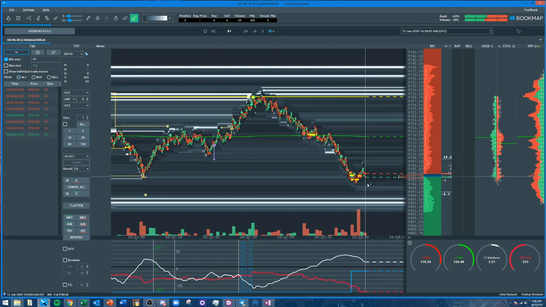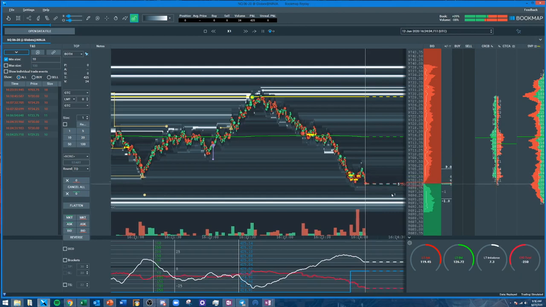Either that, or, I mean, this is pretty high volume compared to the rest of the area, and you can see we had a heavy imbalance, and that's actually decreasing. So I don't know. I mean, this is long-term liquidity. I don't see anything being removed here, but we'll see what happens.